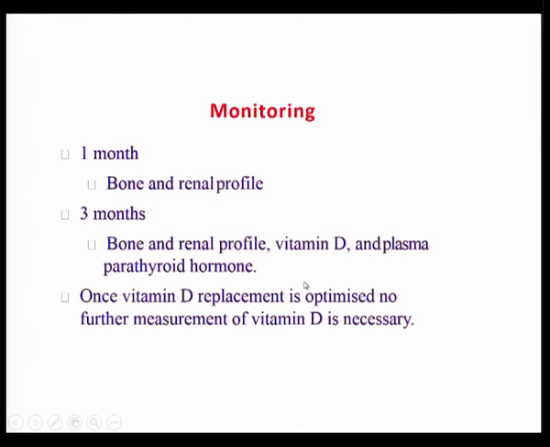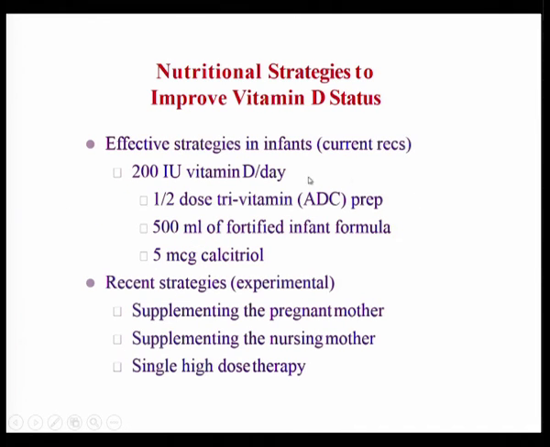So you establish the vitamin D replacement and optimize the therapy accordingly. Then there are effective strategies, the recent recommendations, like putting them on a maintenance dosage of 200 international units of vitamin D per day, and that will be the best one.